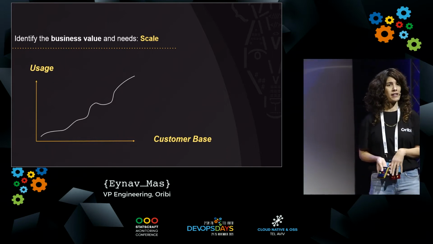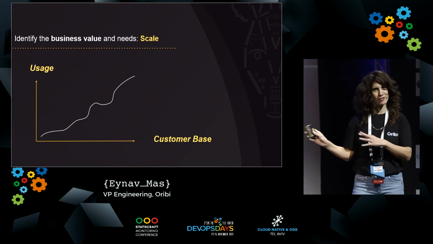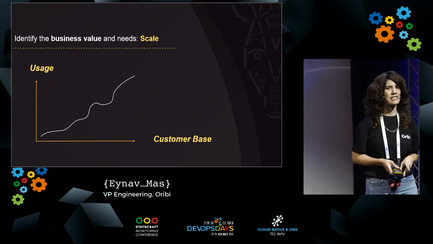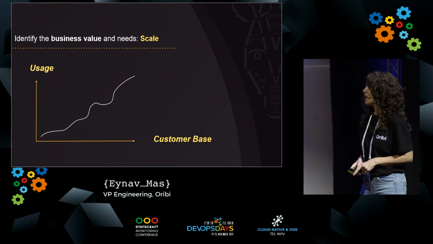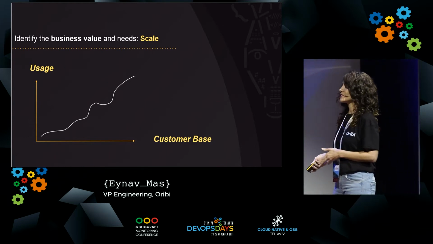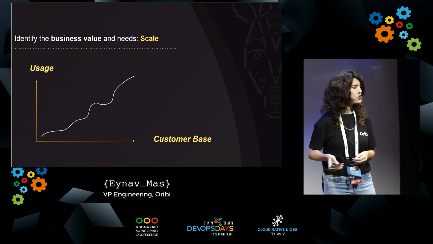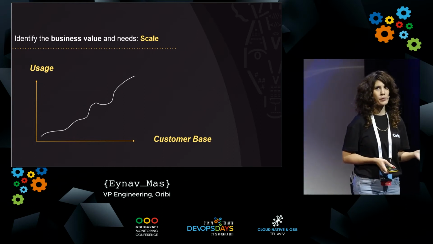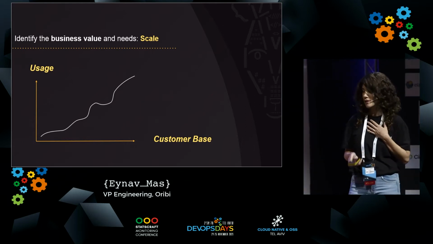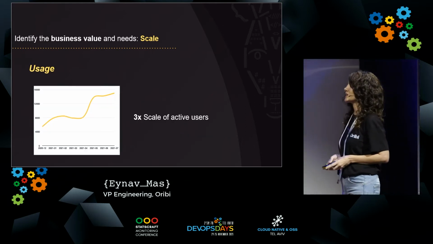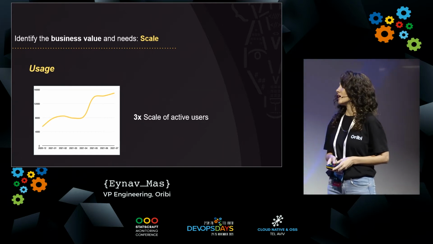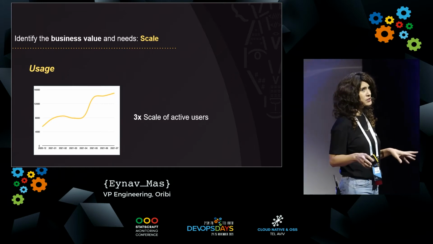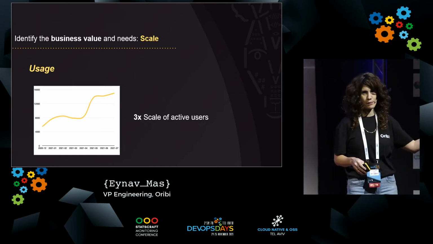The second one, and there are more than 2, but just for this simplification, is usage. Sometimes the customer base won't change so much, but the usage will grow. We had such a situation at Oribi. At the beginning of the year, we went 3x only with usage. Our customer base didn't change at that pace.